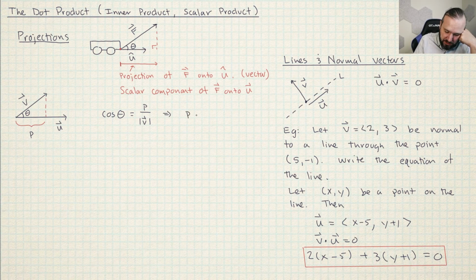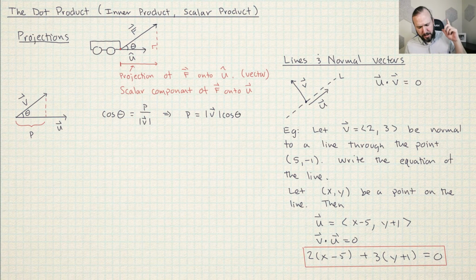So what this means is that the projection is equal to the magnitude of v times the cosine of the angle between them. This is so close to our dot product formula, so let's just write down the dot product formula and then solve for this term right there, and that will show us how to use the dot product in order to calculate these scalar components.